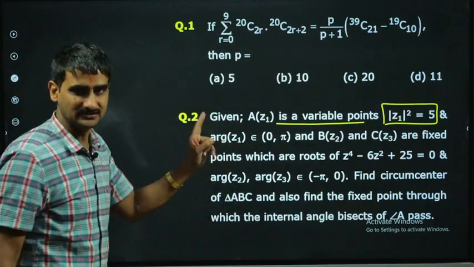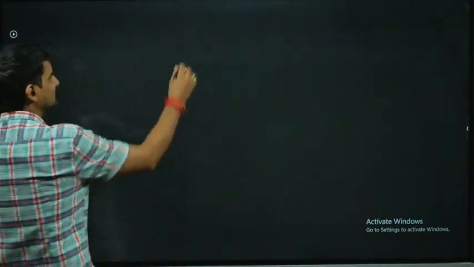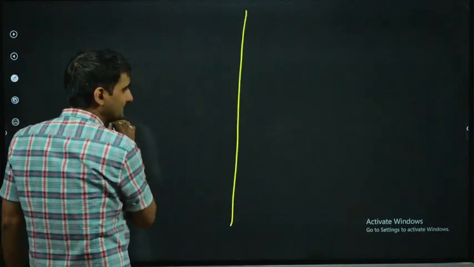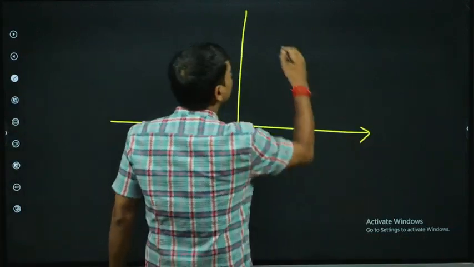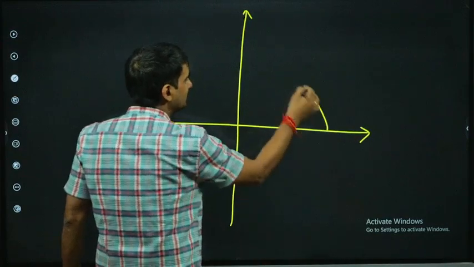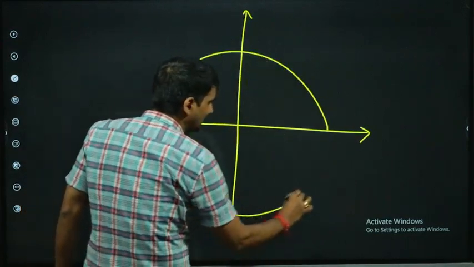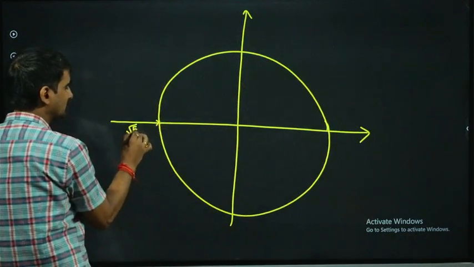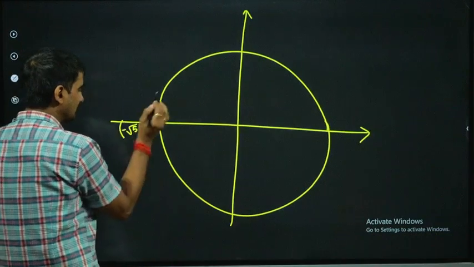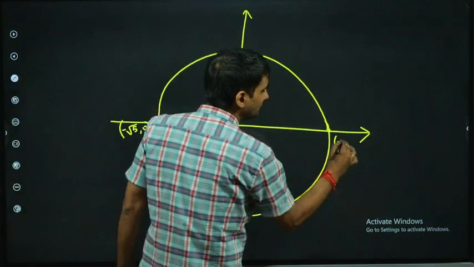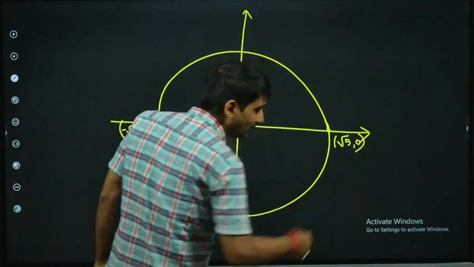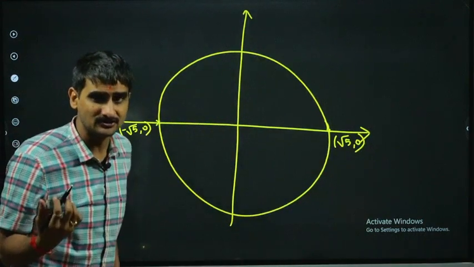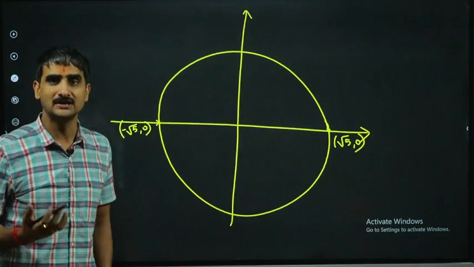Now what does this condition tell us? This condition tells us that z1 lies on a circle whose radius is root 5, because mod of z1 is root 5. And what does the modulus of a complex number represent on the Argand plane?